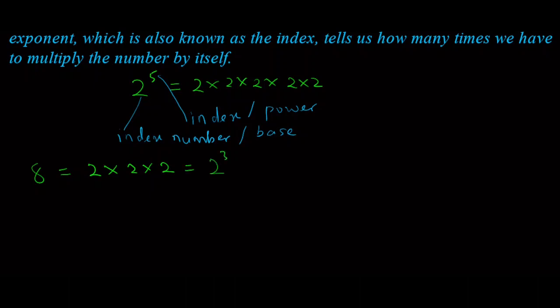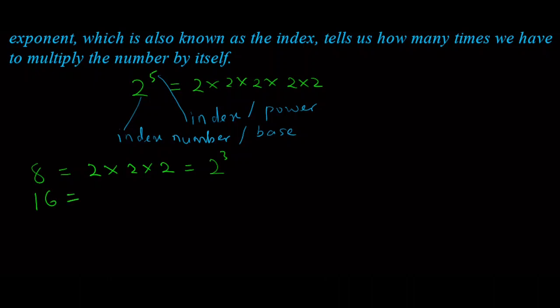So the indices of 8 is 2 raised to power 3. As you can see, 2 is the index number or the base, while 3 is the power.